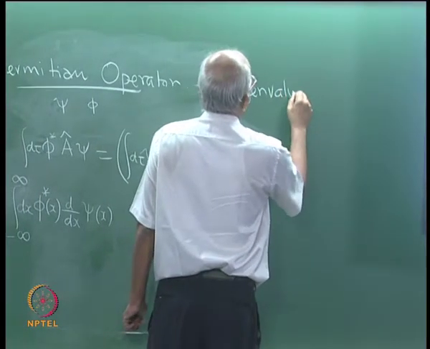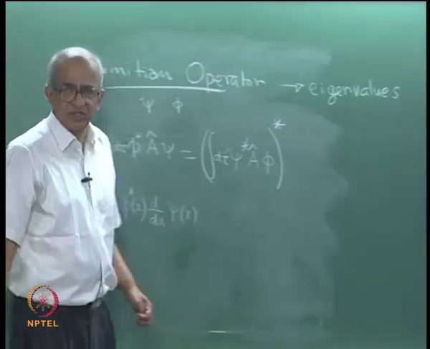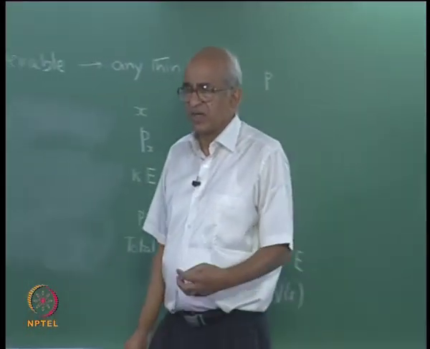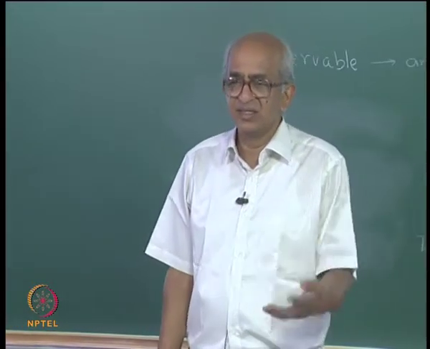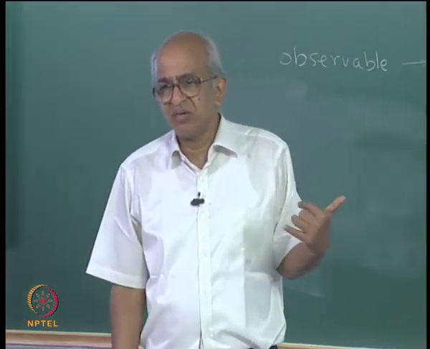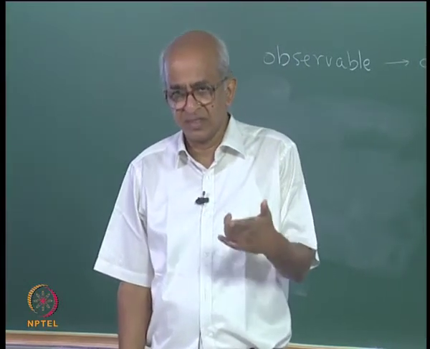I haven't defined what is meant by eigenvalues, but I will do that. But it is possible to show that if an operator is Hermitian, then all its eigenvalues are real, and as I said, the reason for this postulate will become clearer when I discuss the next postulate.